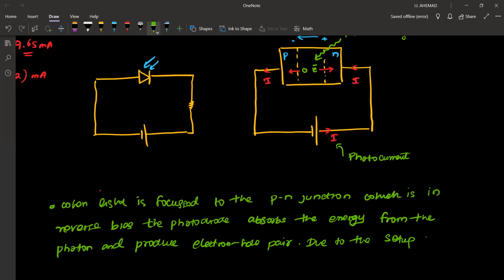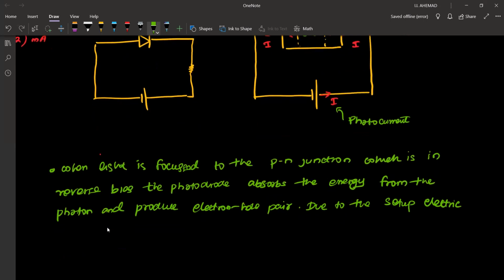Due to the setup electric field, the hole and electron move as shown.